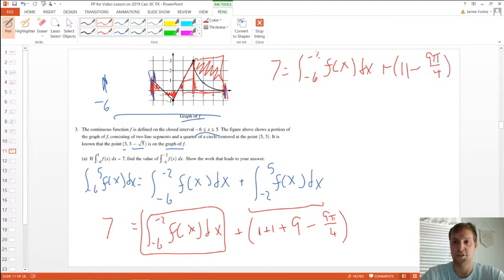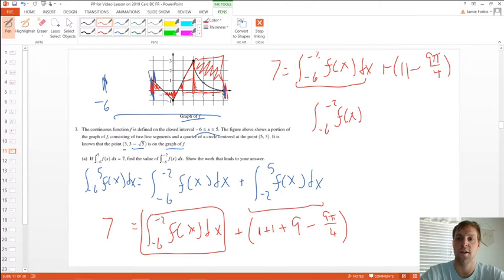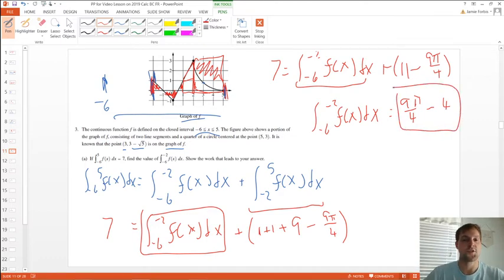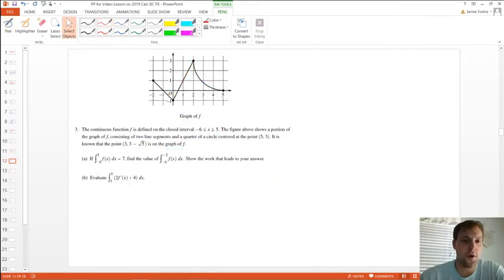Then I'm going to subtract 11 and add 9 pi over 4, so we get that the integral from -6 to -2 of f of x dx equals 9 pi over 4 minus 4. And that's what we get for the final answer. So part A wasn't too terrible. It was just finding the area underneath the curve and knowing how to set it up. All right, so let's go on to B.